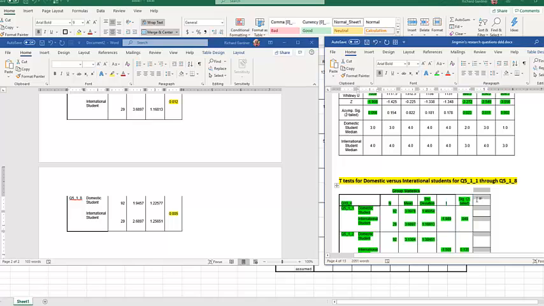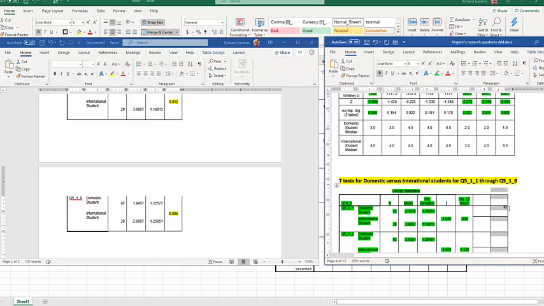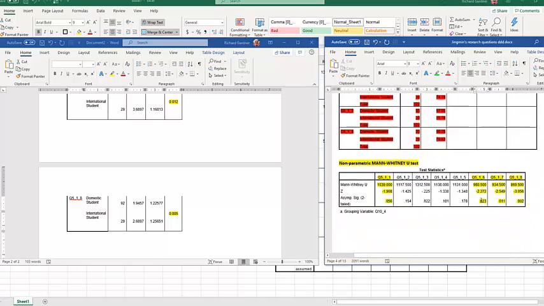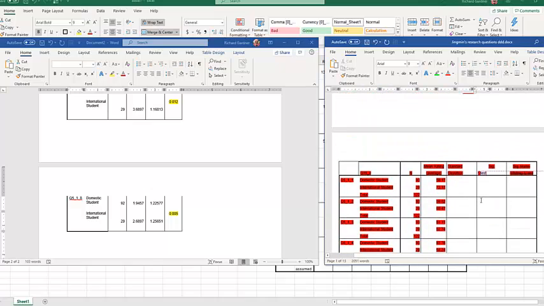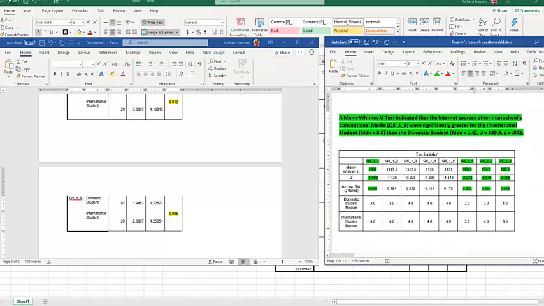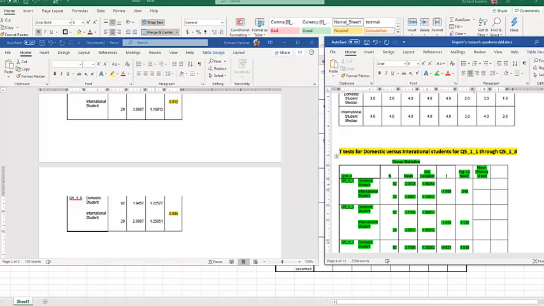We're going to do it twice. Insert column to the right. Good. And so she wants the Mann-Whitney U-test and then the significance of the Mann-Whitney U-test. Okay, we got this. And then again, the sig value.